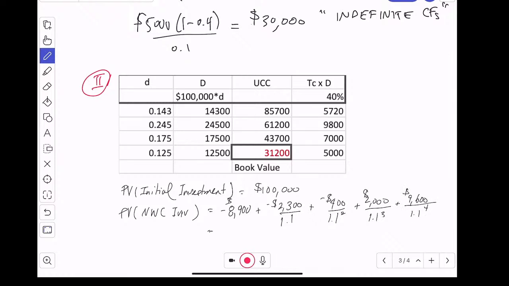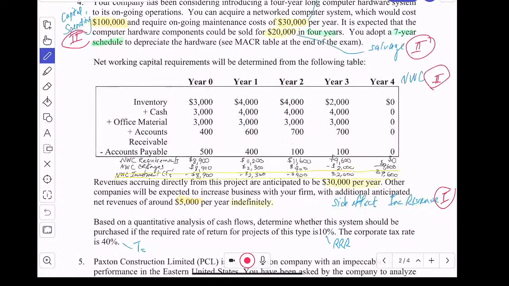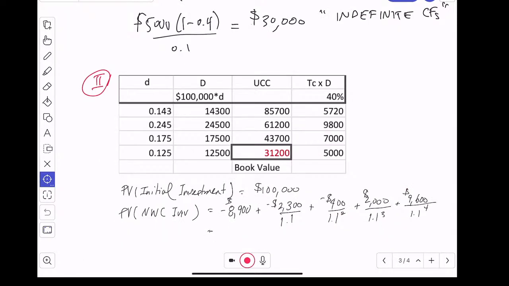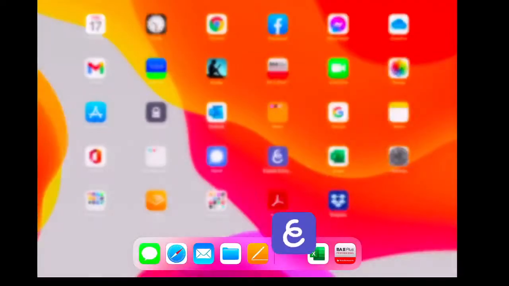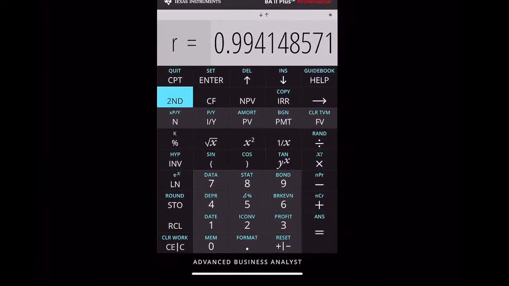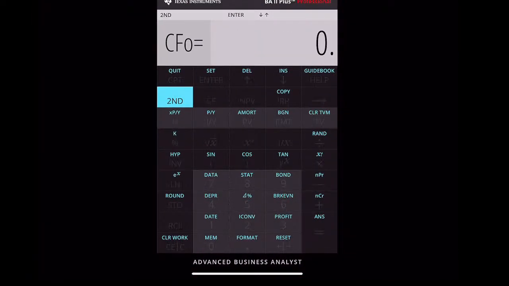And you put that together with your calculator and your CF keys. So I just took those ones that I calculated from here and I put them in this calculation. So then I can put that into my calculator. I can go to CF and second clear work.